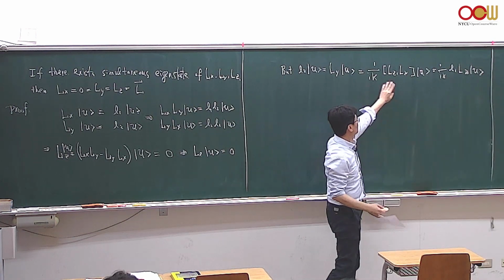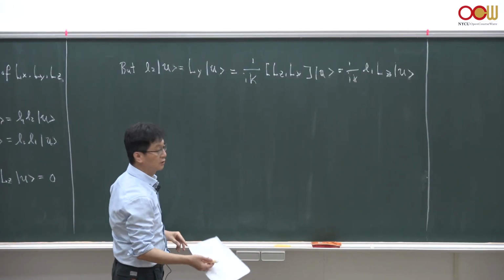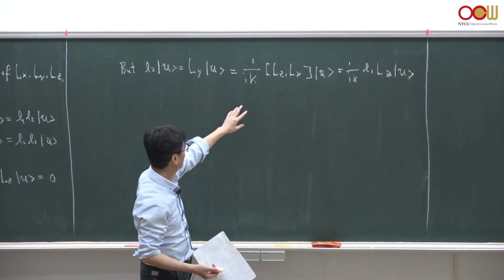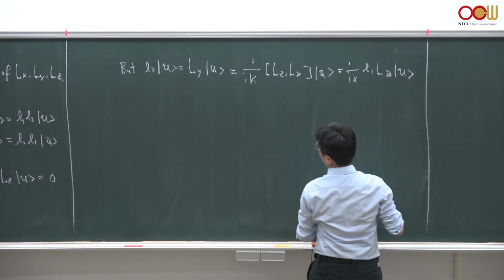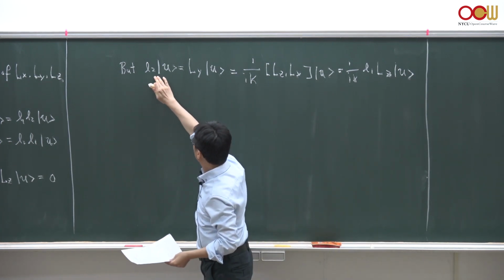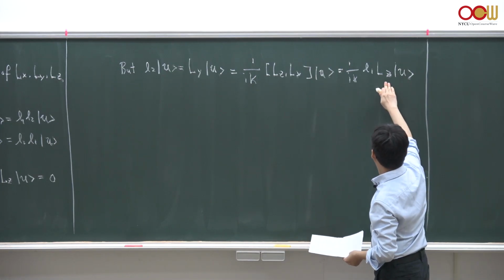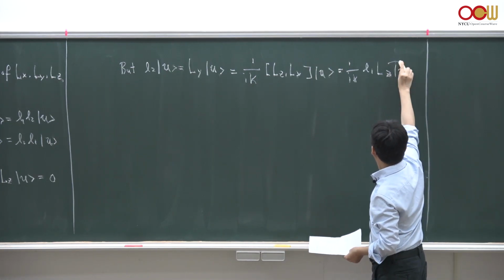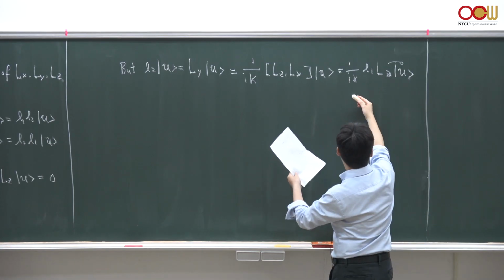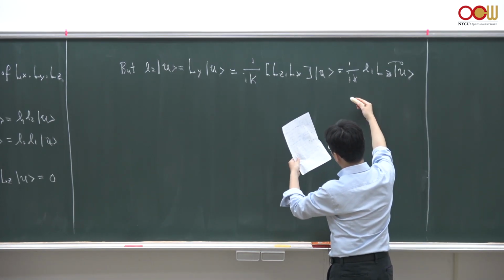Okay, so you simply use the commutation relations between any two of these angular momentum operators, then you can show that L2 times U is actually L1 times LZ acting on U divided by i h bar. But what is this?